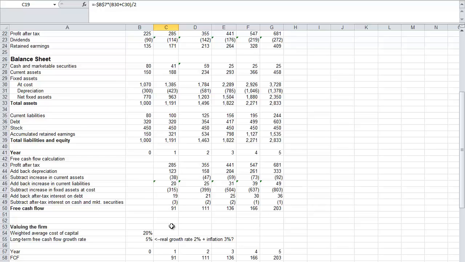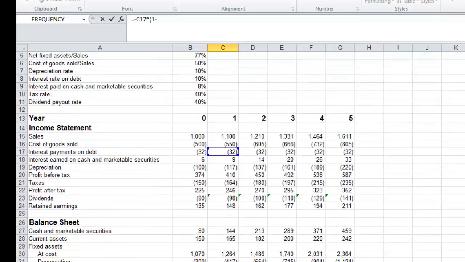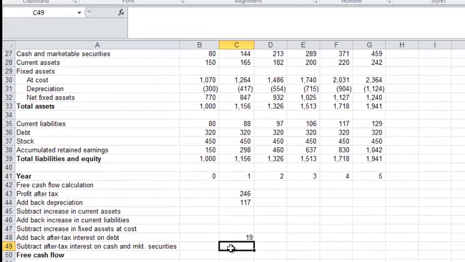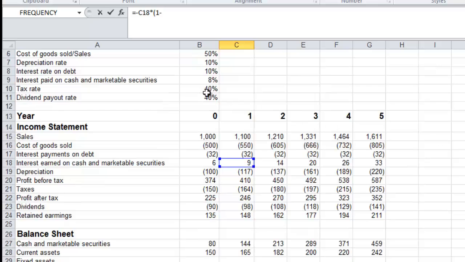So you need to multiply the amounts from the income statement times 1 minus the tax rate for those calculations. So the after-tax interest on debt would be the minus the interest on debt we calculated before times 1 minus the tax rate, and after-tax interest on cash and securities would be that times 1 minus the tax rate.